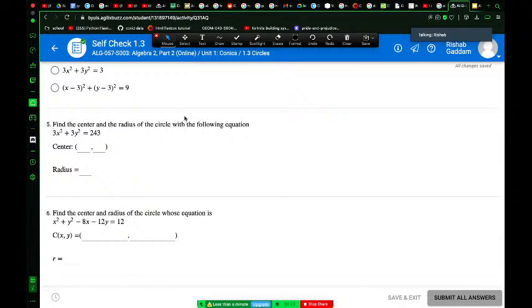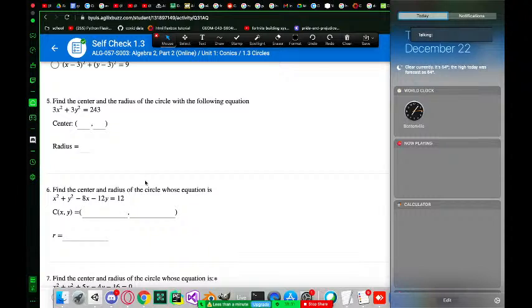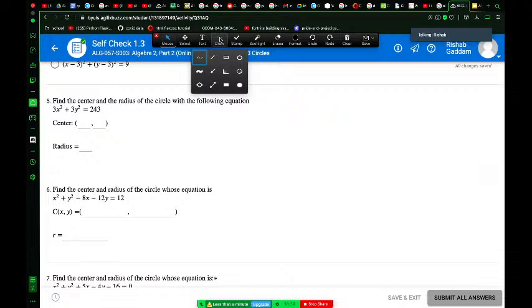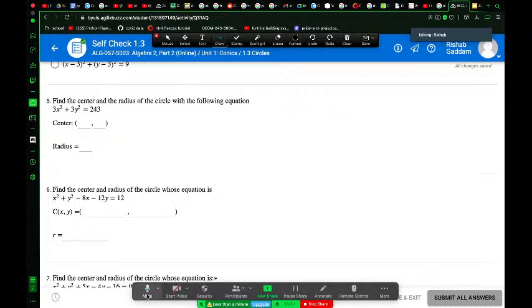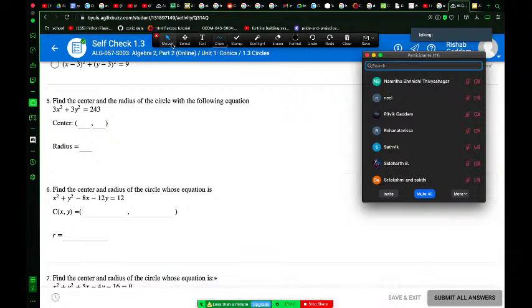Find the center and the radius of the circle with the following equation. Okay, so I'm not going to do anything to this equation, but let's see. One second.